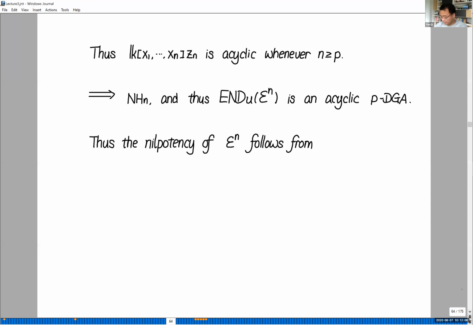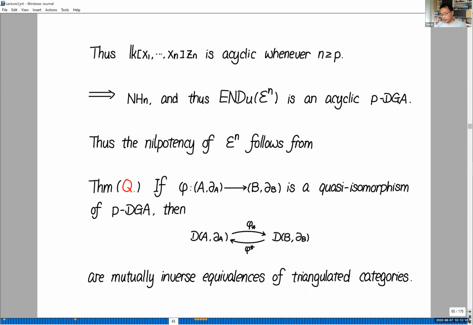Therefore, this follows from a slightly more general result: whenever you have a quasi-isomorphism of p-differential graded algebras, induction and restriction along this quasi-isomorphism give you mutually inverse equivalences of triangulated categories. In particular, if your PDG algebra is acyclic, so the inclusion of 0 is a quasi-isomorphism, then the derived category completely collapses.